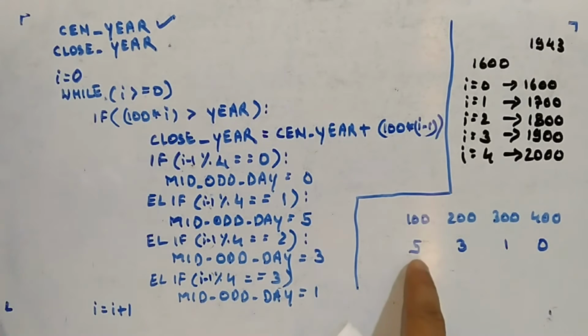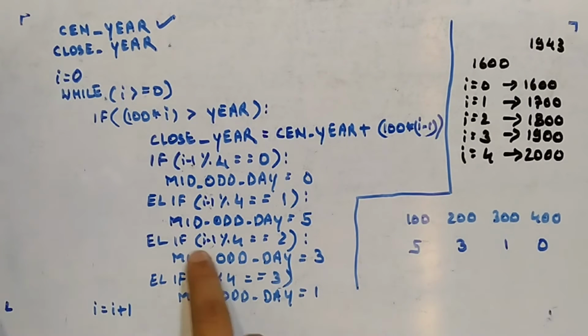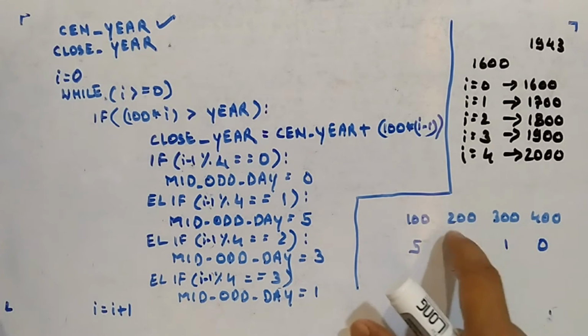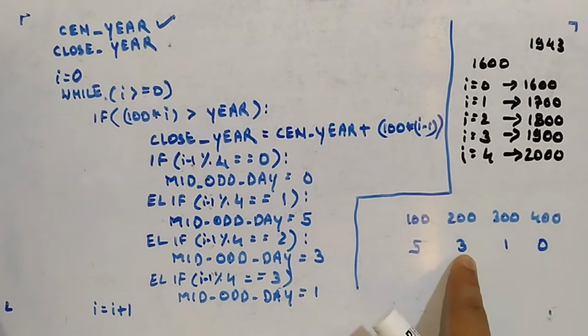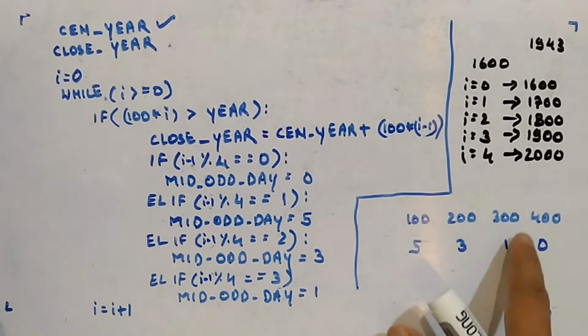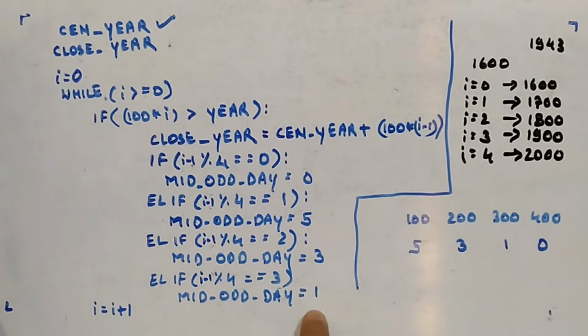If I minus 1 modulo 4 is equal to 2, then odd day will be 3. Similarly for the last one, if it is 3, then odd day will be 1. And then it will break, break will be written everywhere.